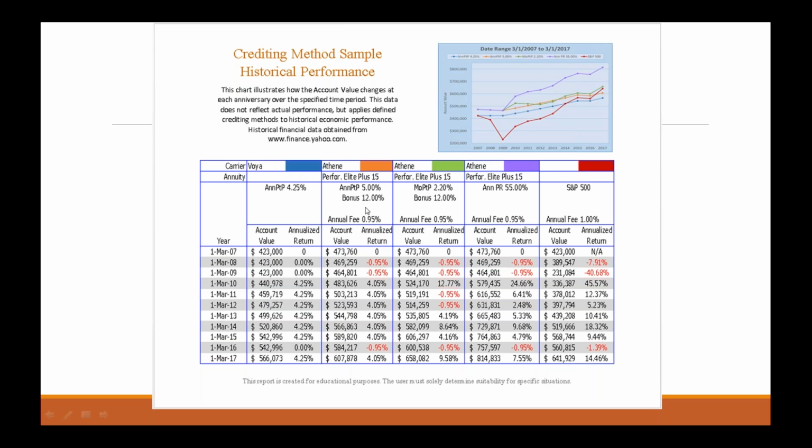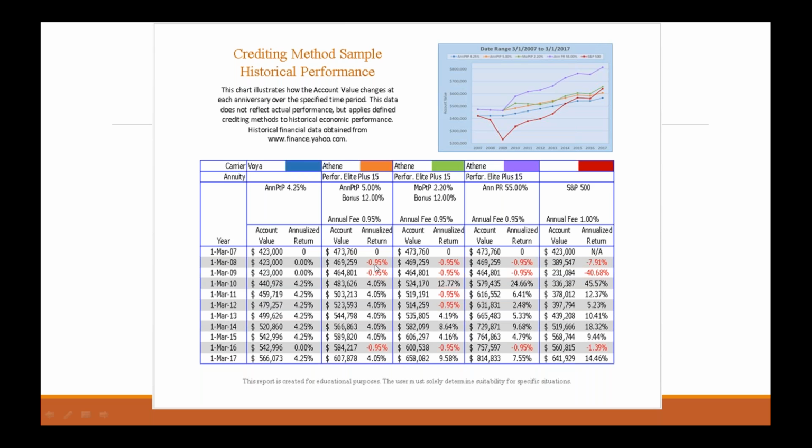You'll notice that bonuses are listed here: annual point-to-point 4.25, annual point-to-point 5%, monthly point-to-point, annual participation rate of 55%. It ties to it. The clients get it so fast, and they're dumbfounded at what they see, because, I'll show you in this next example, they're amazed at how well we can isolate and then make apples to apples comparisons of these different crediting methods that they were having a hard time understanding.